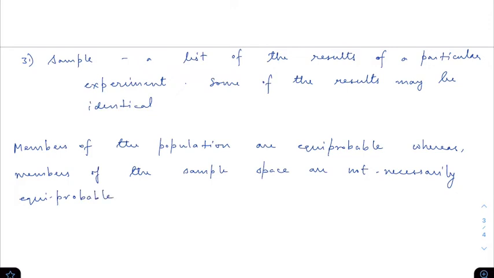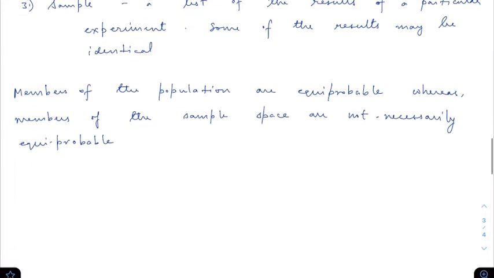The sample reflects the population, which is derived from the sample space according to some probability distribution, usually called the parent or the underlying probability distribution. So this takes us to a discussion of probability density functions.